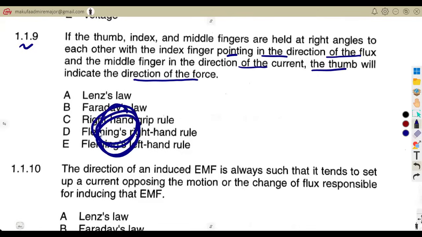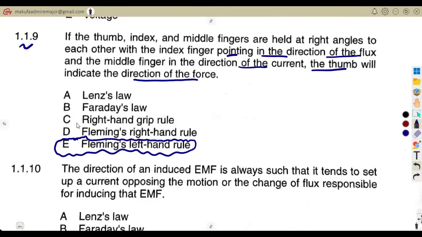They're just giving us answers, so from the answers we can see it's the law or the rule that we are supposed to consider. Which rule states this? The fingers held at right angles, index finger in the direction of flux. That is our Fleming's left hand rule.